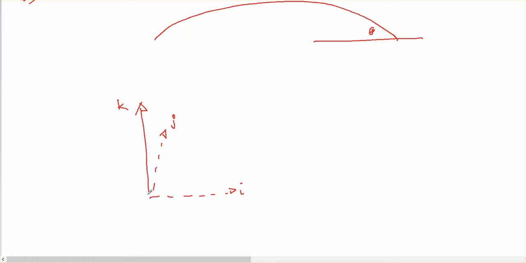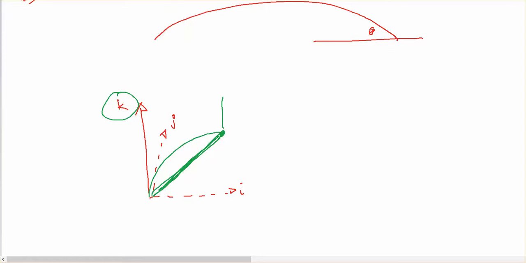So my projectile is going to land, and let's say it lands there. What I need to do is work out the horizontal and use my K value as being the vertical.